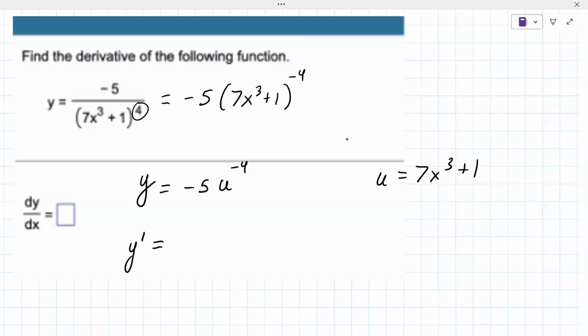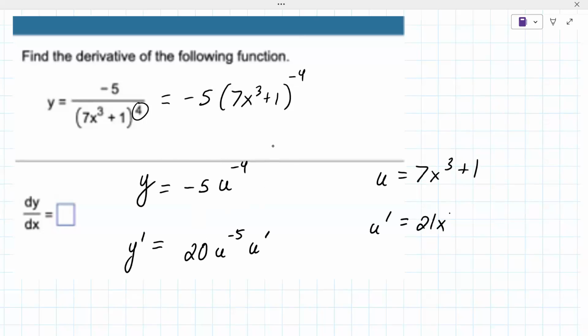So now your derivative of this thing that we just rewrote is the power rule like we've been doing. You bring that negative 4 down, subtract 1 from the exponent, so it's negative 4u to the minus 5 times u prime. Don't forget that u prime. Could you calculate that for us off to the right whenever you're ready? Yes, so it'd be 21x squared. Just that, right?